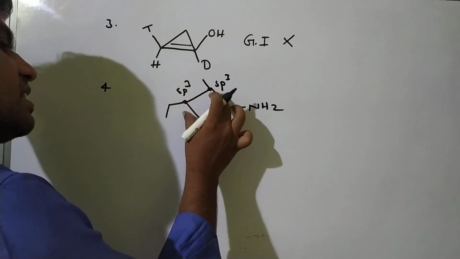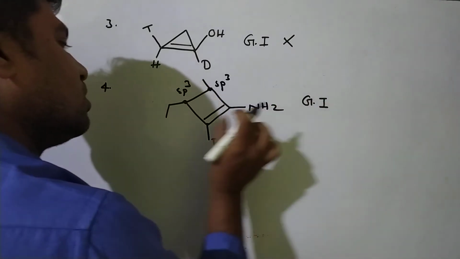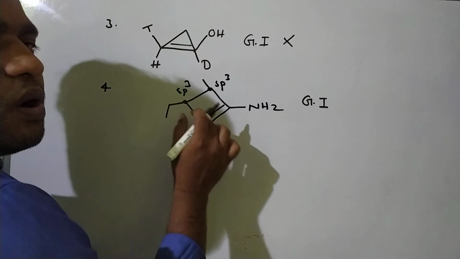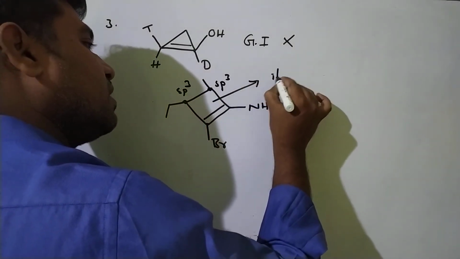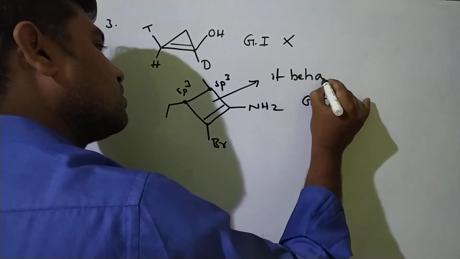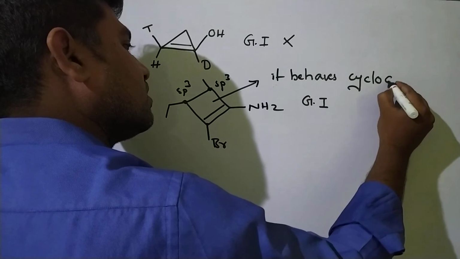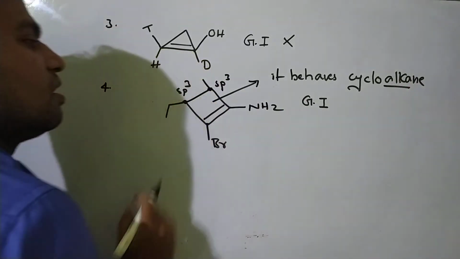So in this case, this will exhibit geometrical isomerism. Why? Because it behaves as a cycloalkane, not an alkene. Okay, you can understand.